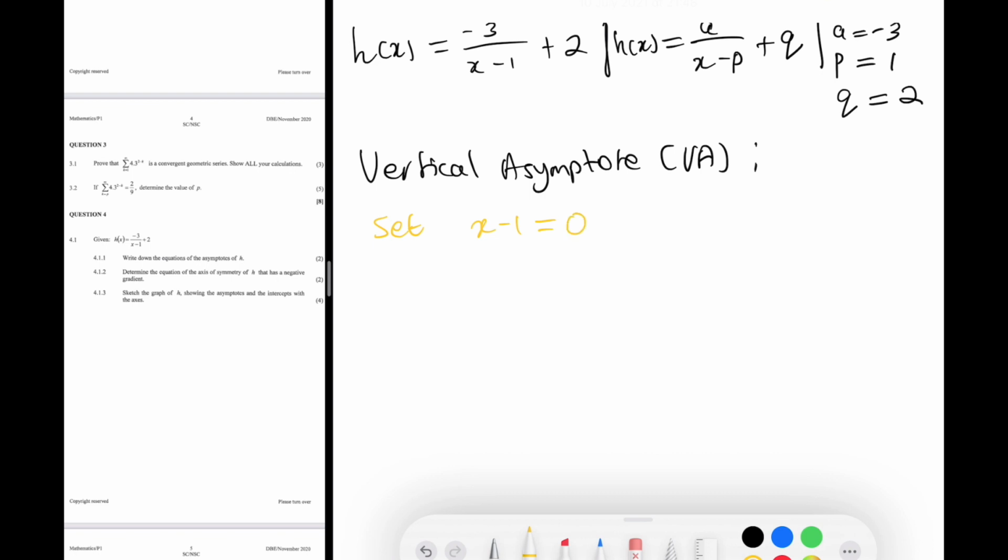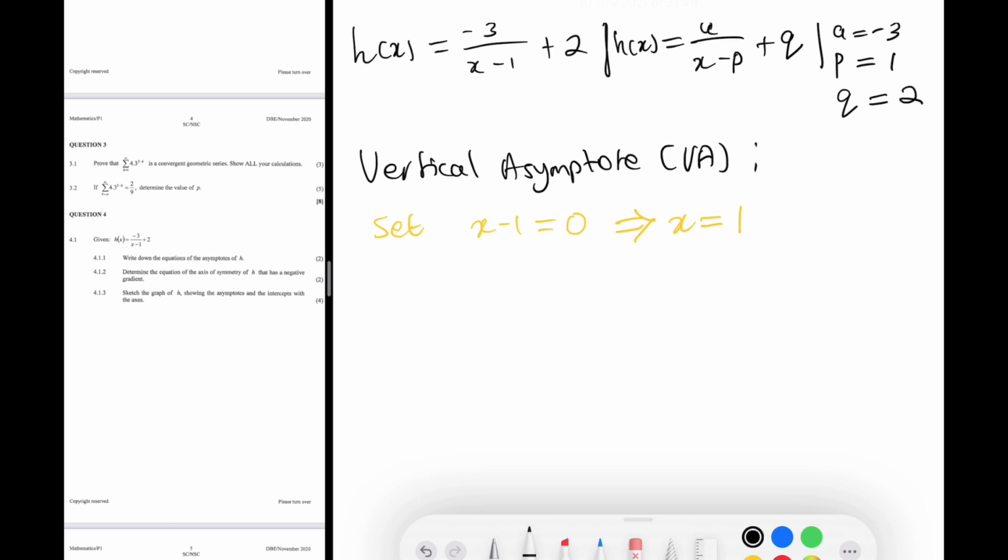You set the denominator equal to 0. This implies that, so this sign, this implies, you use when you're separating two equations. Usually you'd move on to the next line and say when you're solving this you get x is equal to 1. But if you don't want to move to another line, you can use the sign. This implies that x is equal to 1.